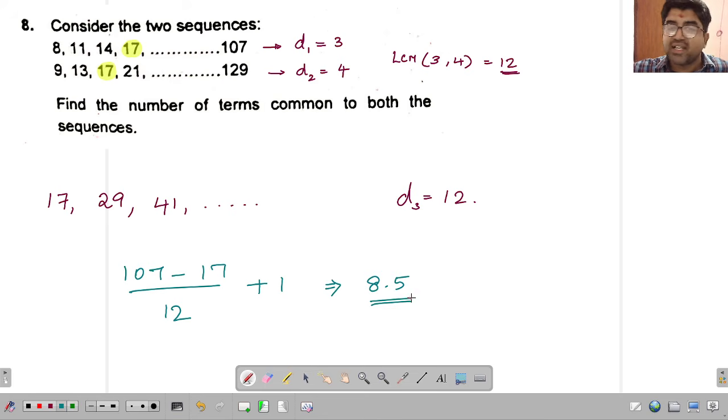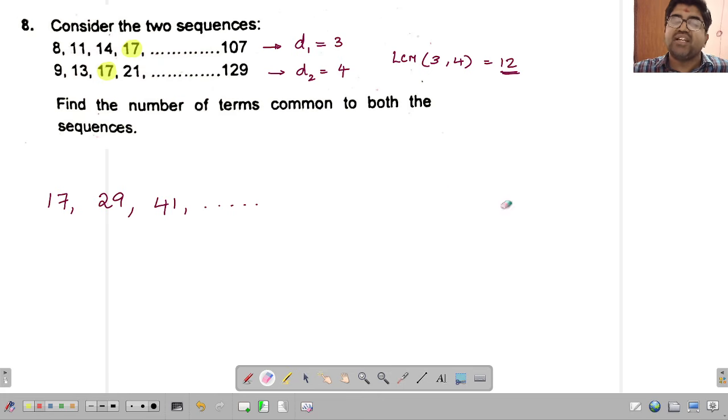But we can't consider 8.5 terms, right? So ignore that 0.5 part, don't take it. You can see that 8 comes. There will be 8 terms which are common to the first as well as the second sequence. So what is that 8th term?